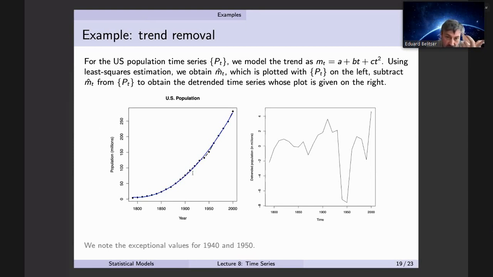So what we need to find is a hat, b hat, c hat. We can do that, that's easy. Just put that in a linear regression model, and then you will get estimators, and then you can see what this trend does.